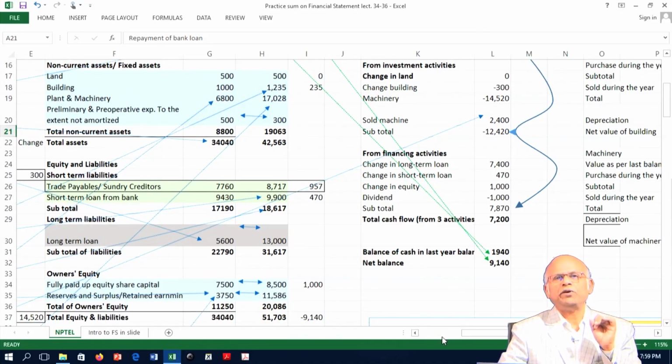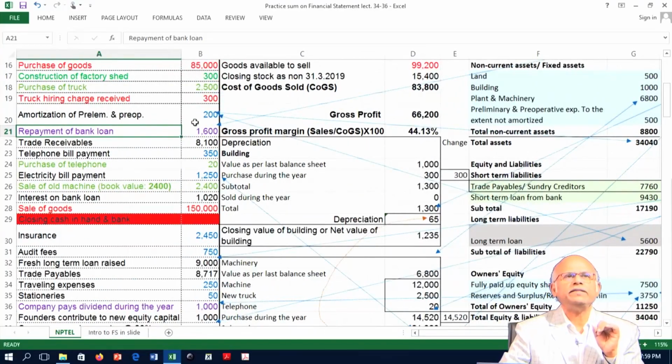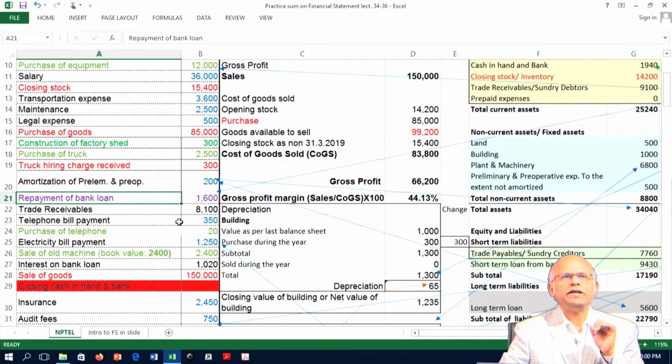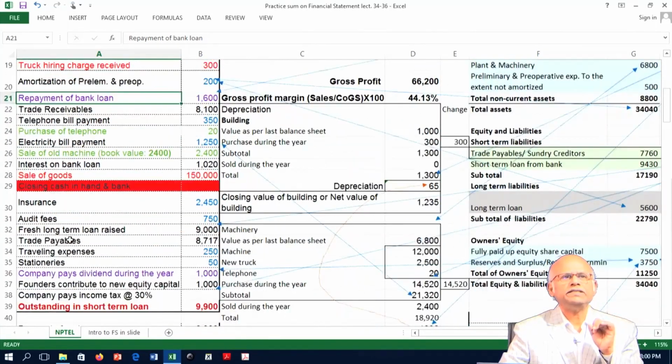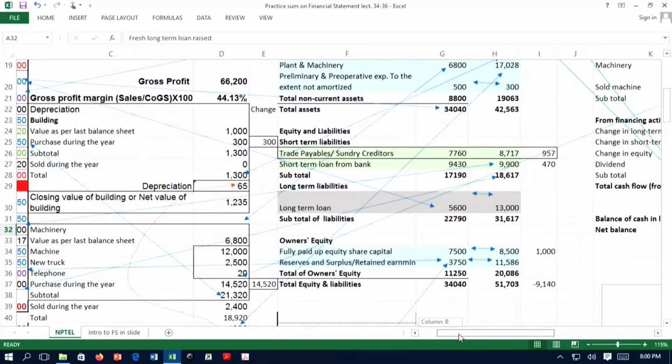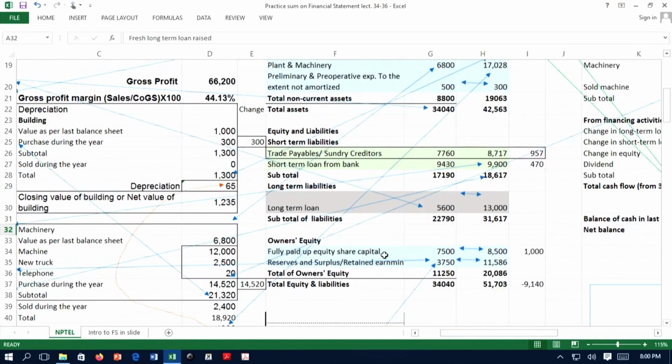Then if you remember, we raised fresh long term loan of 9,000 rupees, and therefore, this is to be added to that 4,000. So, the balance becomes 13,000 rupees. That is very important.